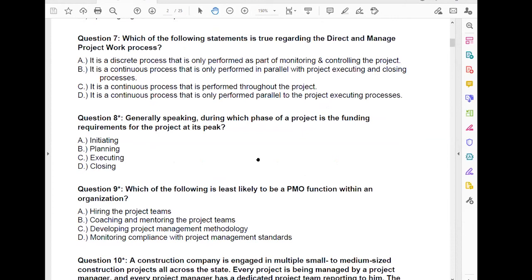And letter D, it is a continuous process that is only performed parallel to the project executing processes. So three of the statement is wrong. You have to choose which one is correct. Direct and managed process.